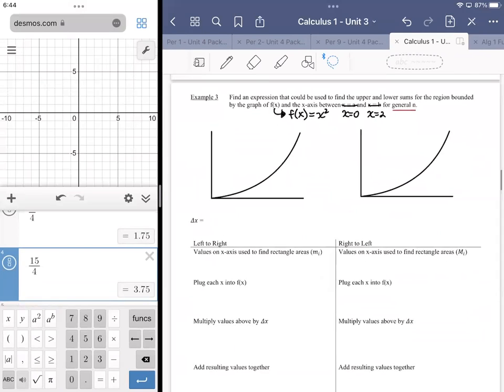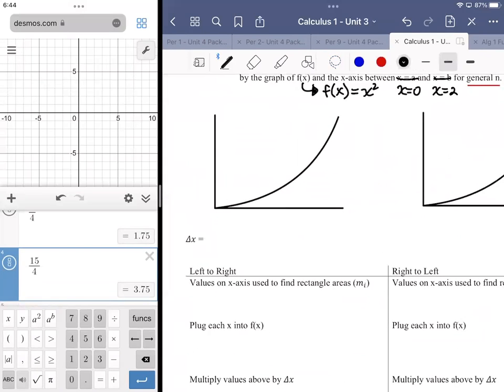So what I would say here is, from the left, I'd start off with a point here at 0. I'd work my way to the right, grab another point, then another point, then another point. It's just a disaster when I draw, so I'm just doing my best.